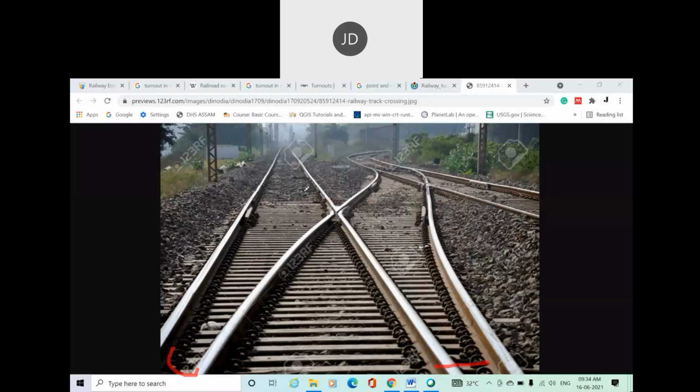And this section where a particular train actually crosses is known as crossing. Fine. So basically, both together, as a whole, are known as turnout.